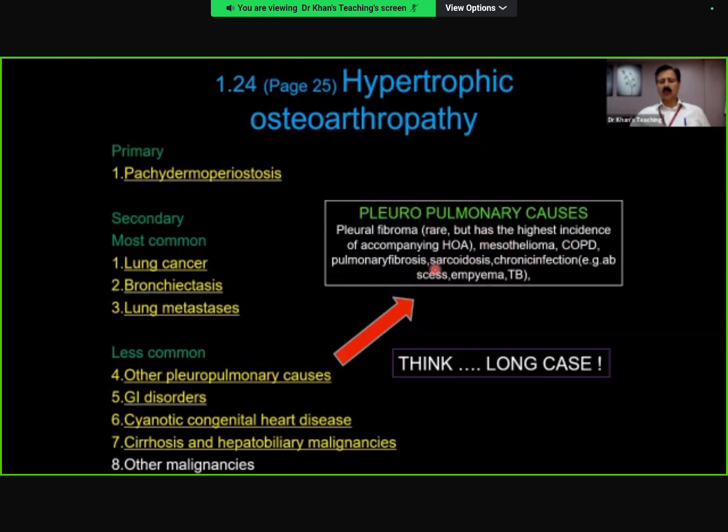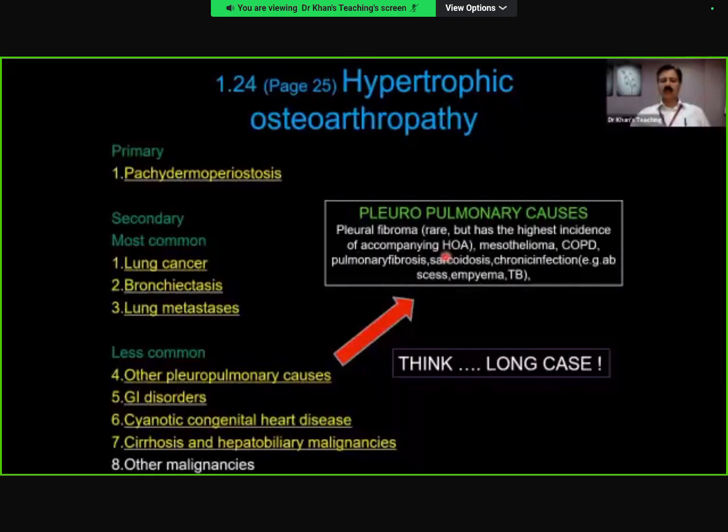Now, think like an examiner. With these conditions which can cause HOA, they can show you anything in the exam. They can also show you a long case, and you have to correlate. For example, if there is a patient with TB on CT scan, and with that HOA, your final unifying diagnosis will be simple.